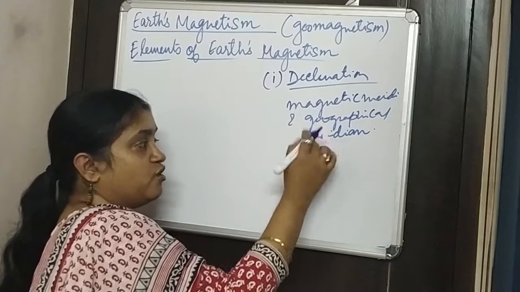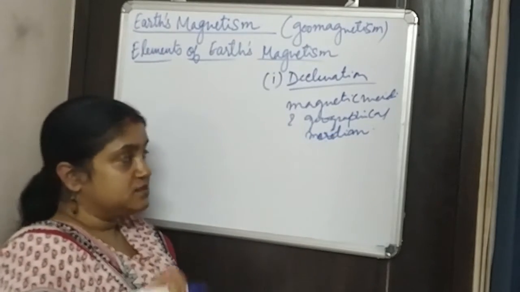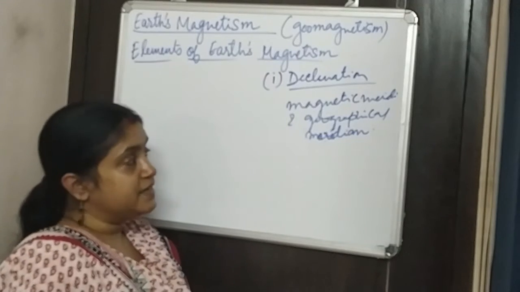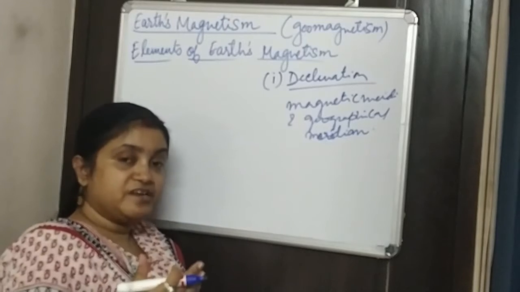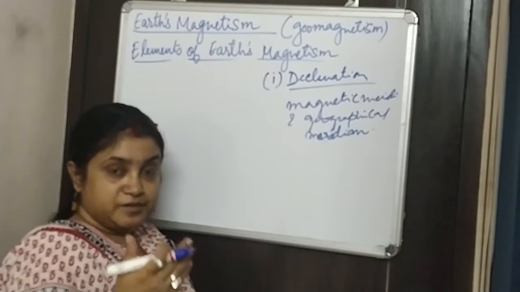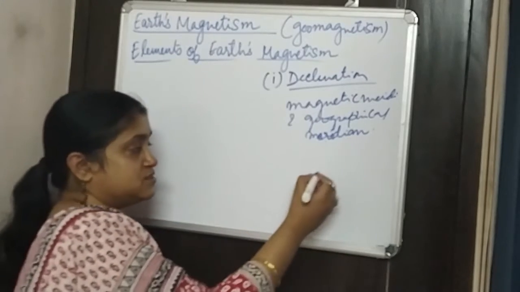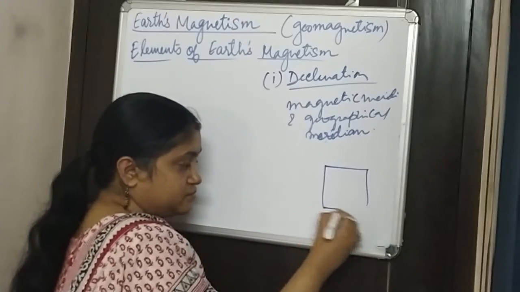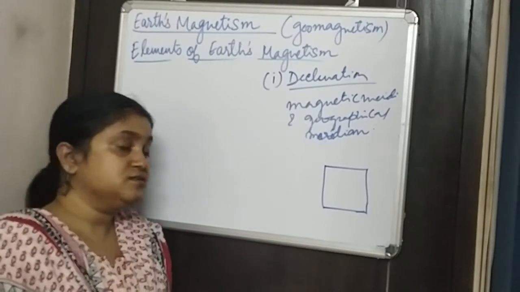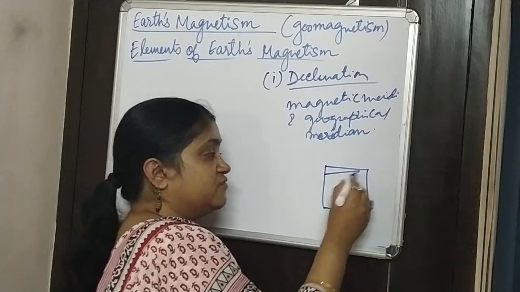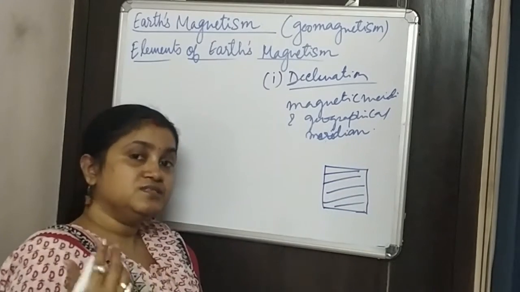We have already seen in the last part that if you join Earth's geographical poles with a particular place, there is an imaginary plane. Suppose this is the plane which you get, the geographical meridian. This plane you get when you join the North and South Pole.